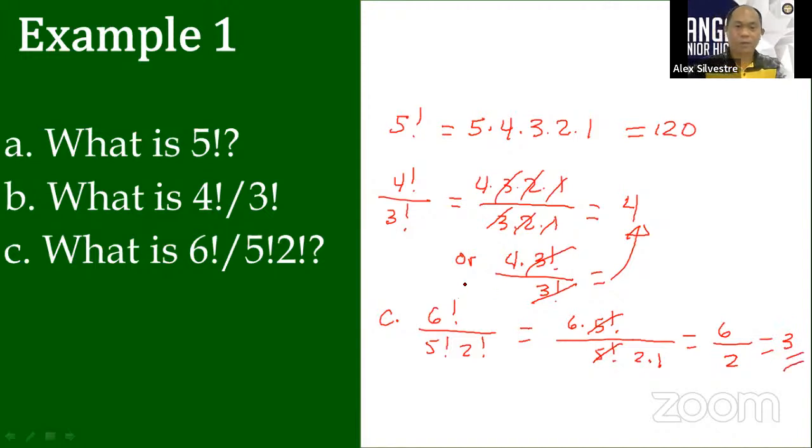So to those who gave the answer equal to 3, that will be our final answer. Do you get it? Do you understand our concept? If you want to expand the number 6, no problem, you can also expand it.